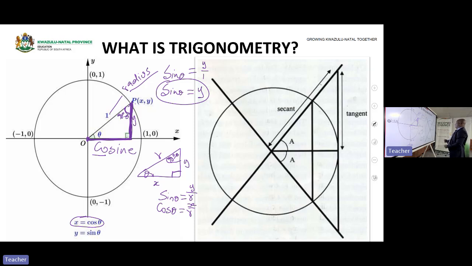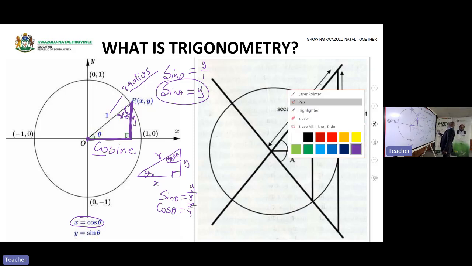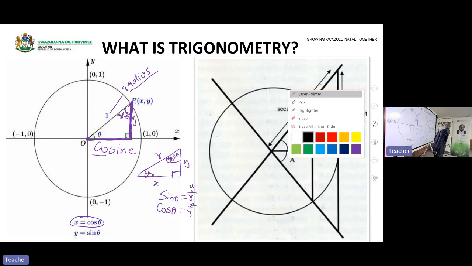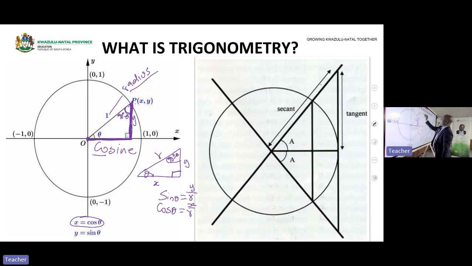What about the 90 minus? If we look at the 90 minus, it is very interesting. On our right angle triangle, sine of 90 degrees minus theta means opposite.